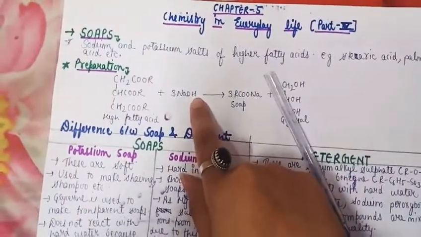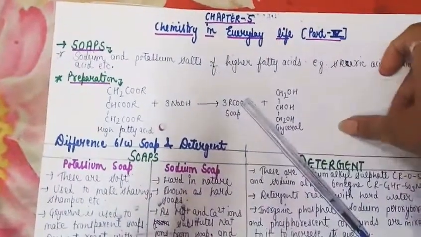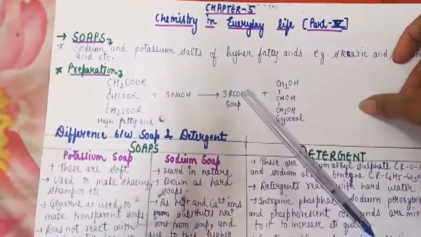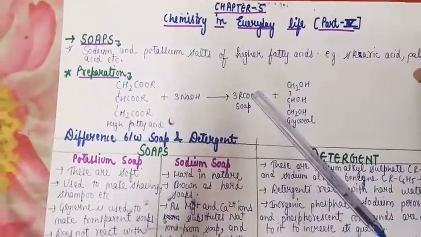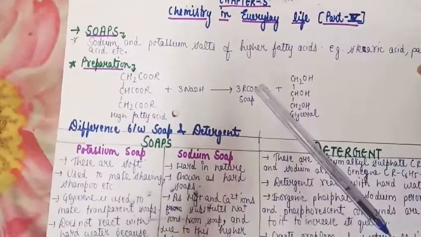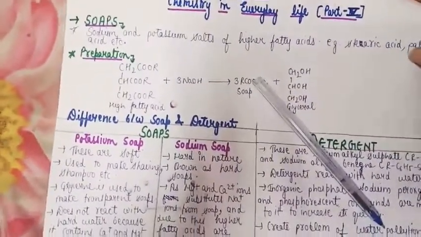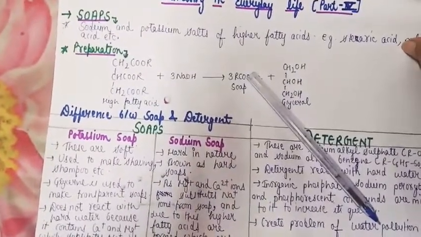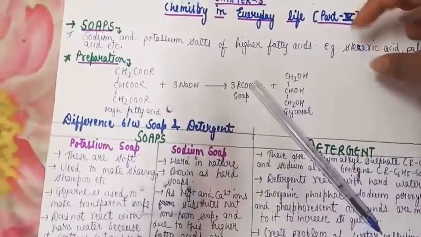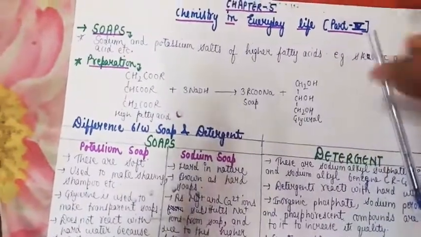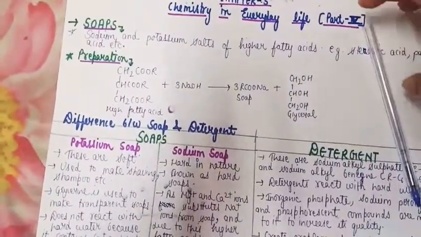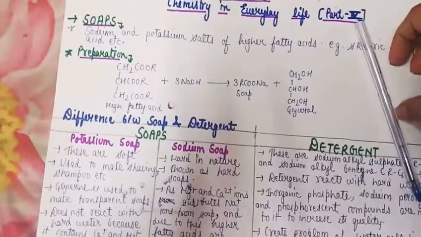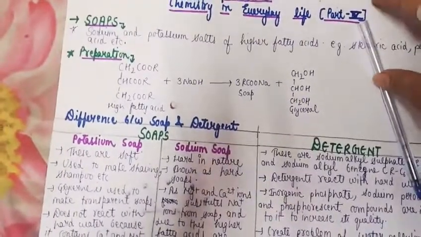But when we are preparing potassium soap, we react it with potassium hydroxide, that is KOH. This is the main phenomenon I want to talk about here. The soap obtained in this reaction contains some impurities, and these impurities are separated by sodium chloride.